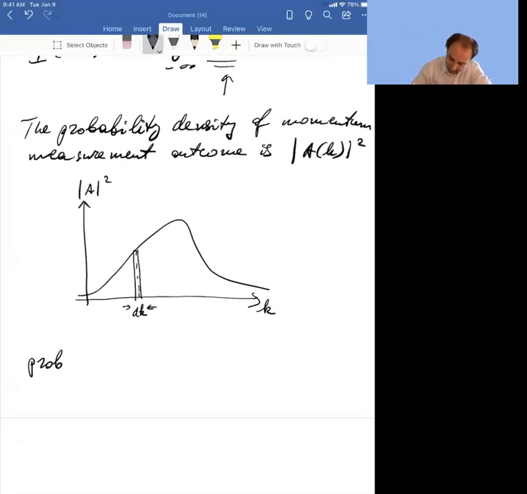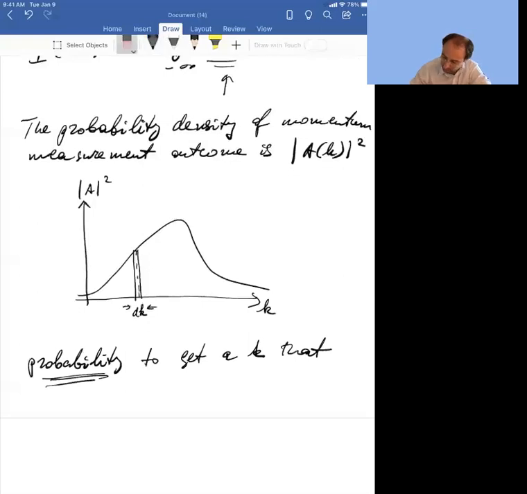Probability, now it's the probability to get a wave number between k and k plus dk.